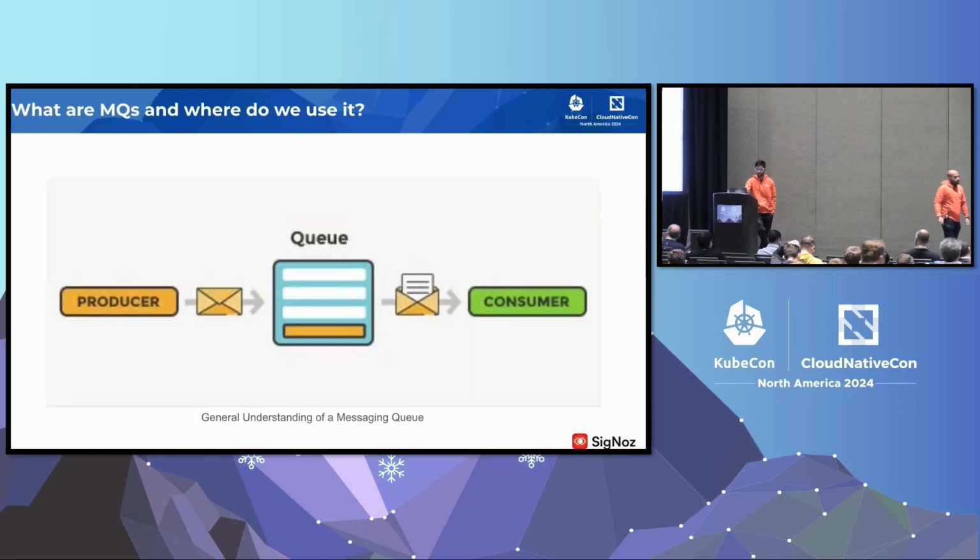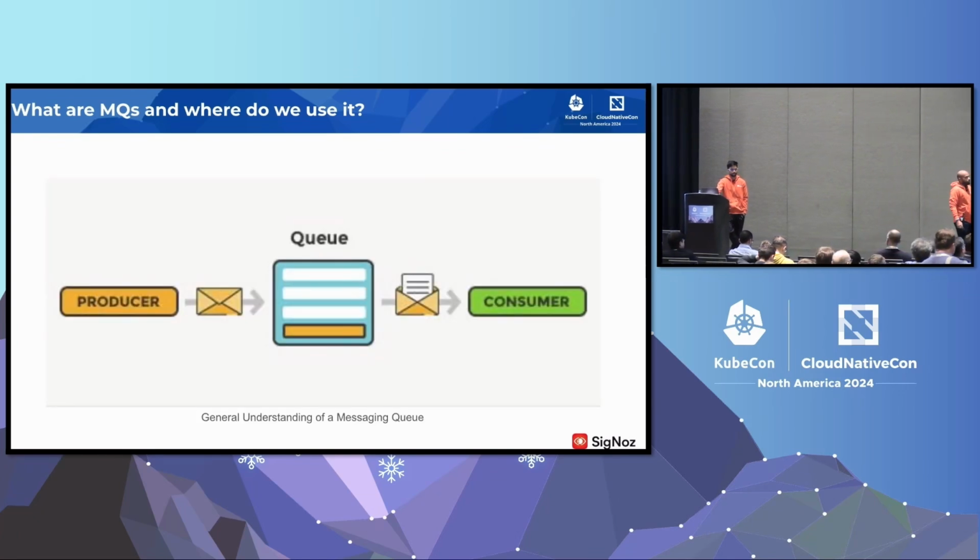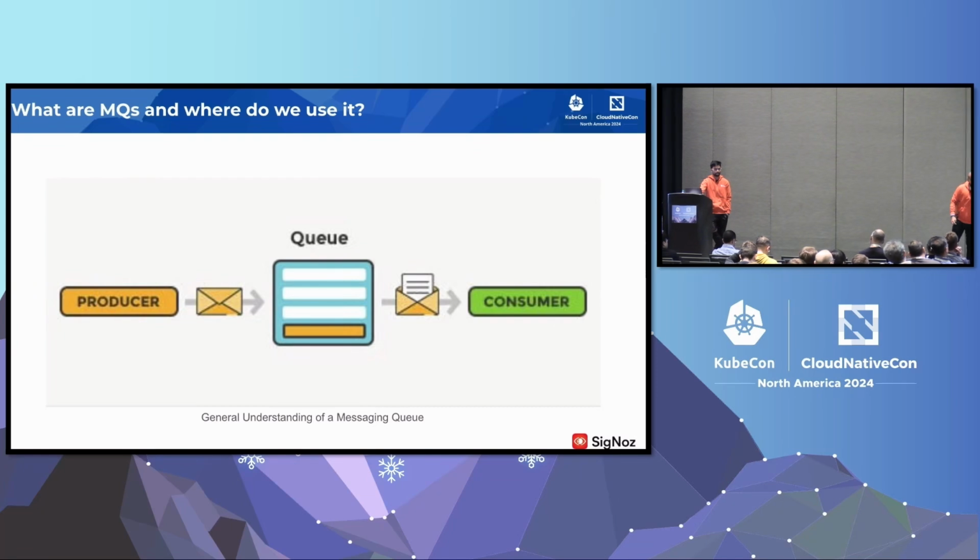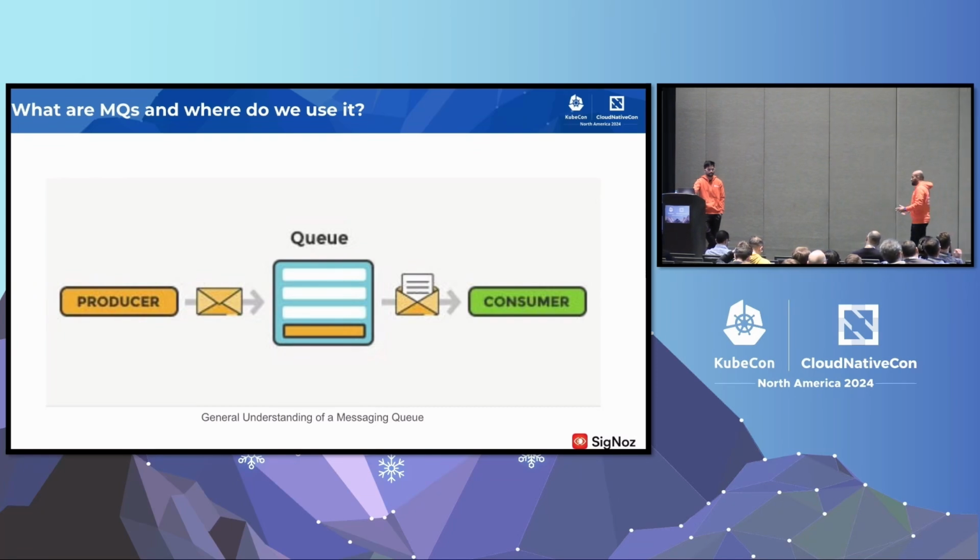But right now, the consumer is probably not ready to consume these messages. So there is a queue which stores all these messages so that once the consumer is ready to process them, it can take a message from the queue and process it.